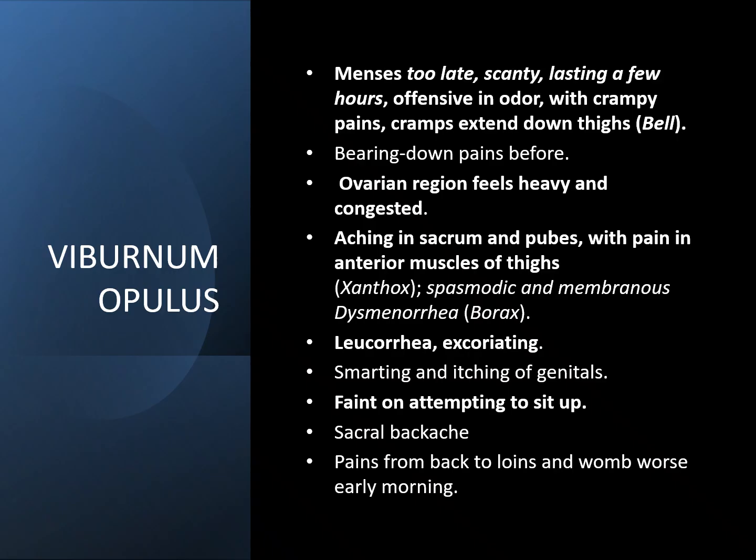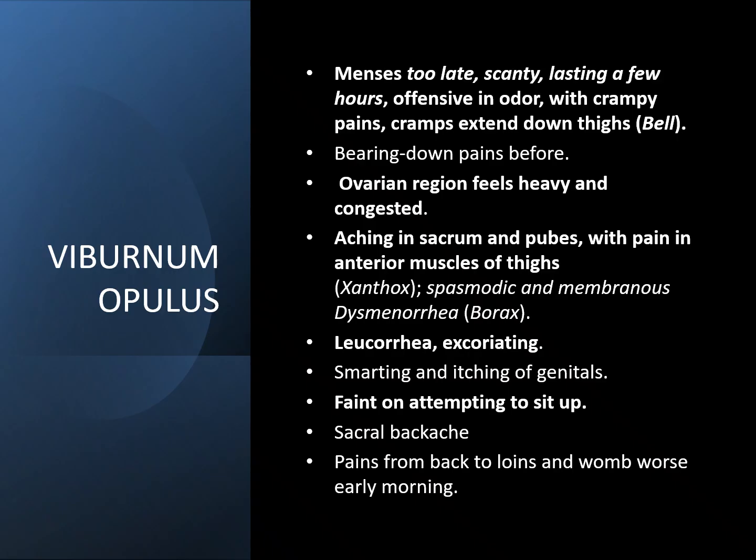Another medicine we can consider is Xanthoxylum, but this medicine is for neuralgic pain. Here there is a spasmodic pain. Excoriating leukorrhea, and because of the excoriating leukorrhea there is smarting and itching of the genitals. The patient is so weak that she faints on attempting to sit up, with pain from back to loins, and aggravated in the early morning.